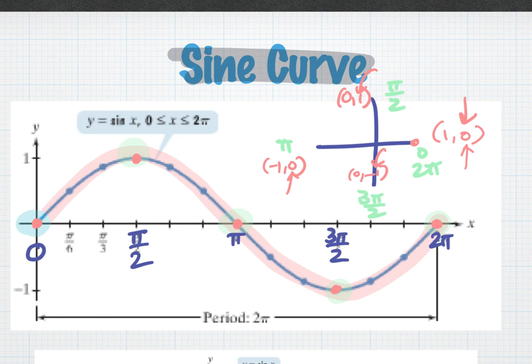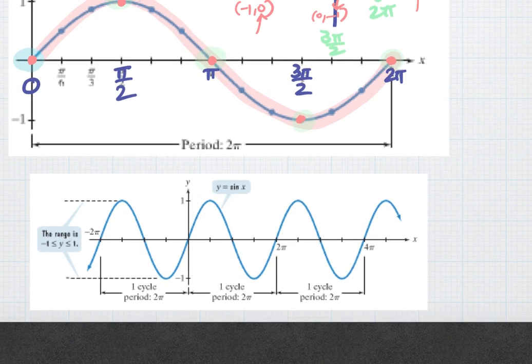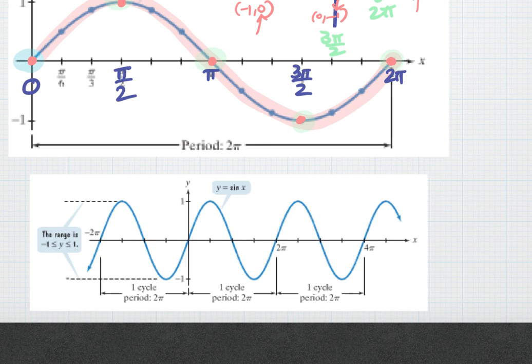For sine, at 0, it's 0. At pi over 2, it's 1. At pi, it's 0. At 3 pi over 2, it's -1. And at 2 pi, it's 0. And that would be one full circle all the way around. That's what's called a period. If I did multiple, on the bottom you see it says 1 cycle, so 1 cycle's from here to here.